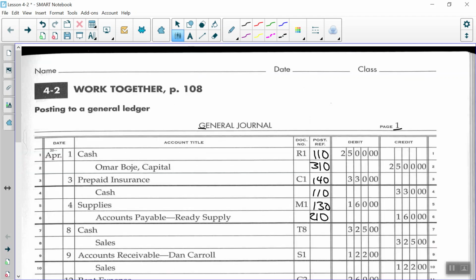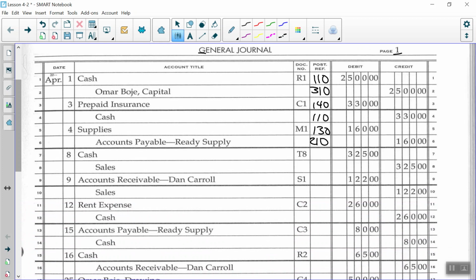All right, so then we go back on line 7 in the post reference 110. Okay, what page is sales on? 63.